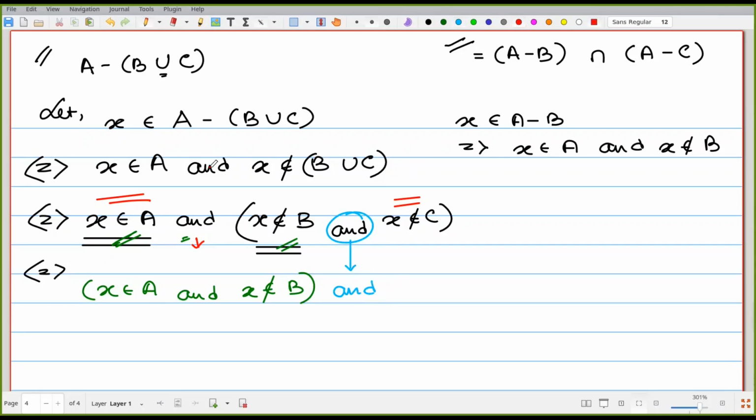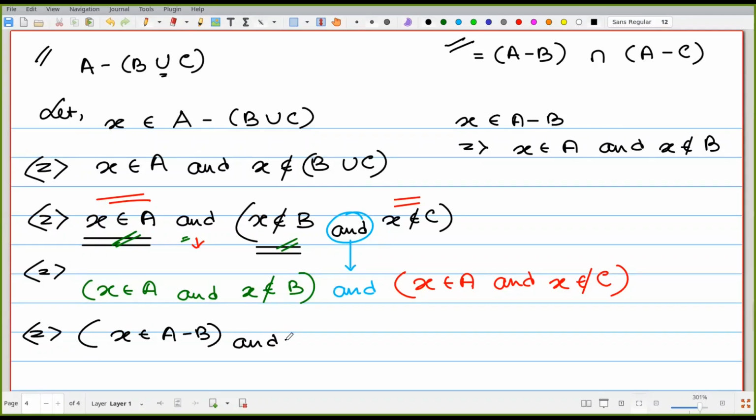Another one, we have already defined: x belongs to A and x does not belong to C. Now write down the thing once again. x belongs to A and x does not belong to B, so that means x belongs to A minus B. And x belongs to A and x does not belong to C, so that means x belongs to A minus C.